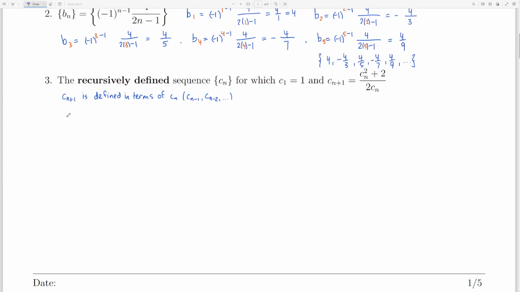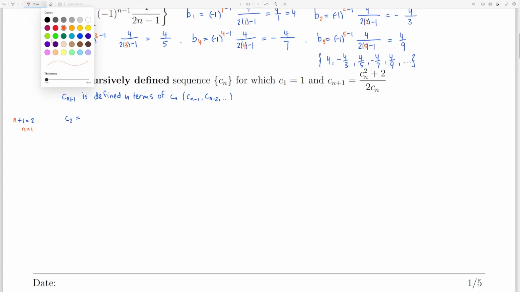So now let's take a look at C2. We already have C1. So for C2, we have to see that the 2 plays the role of n plus 1. So if n plus 1 equals 2, the subscript here, we can subtract 1 on both sides, and we see that n equals 1 in our formula.